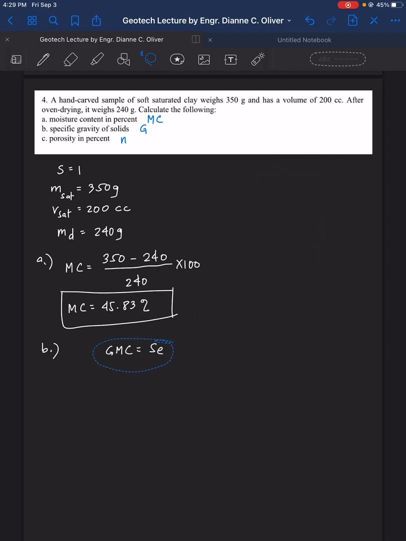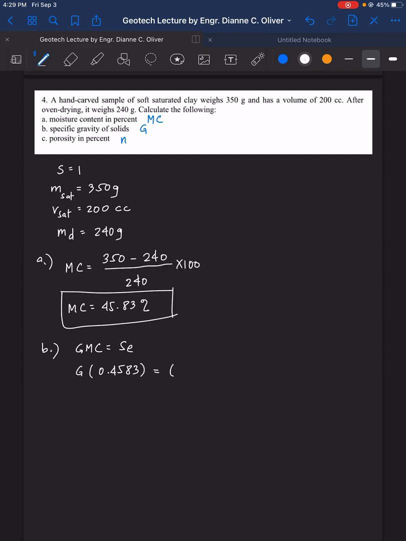So we have here G MC equals SE. The value for G is none. Moisture content in decimal is 0.4583.